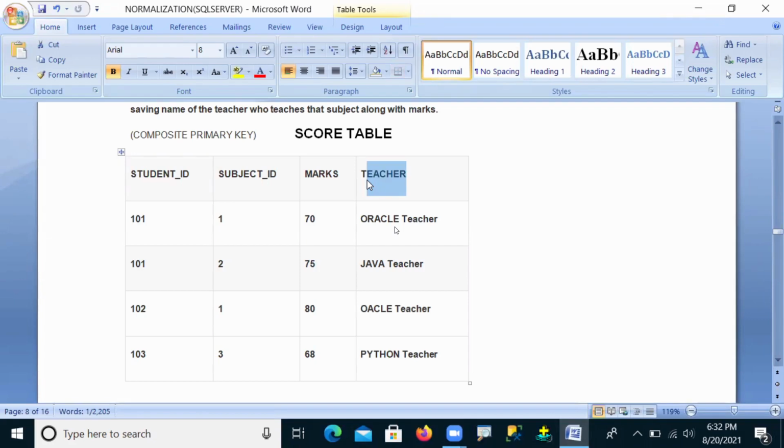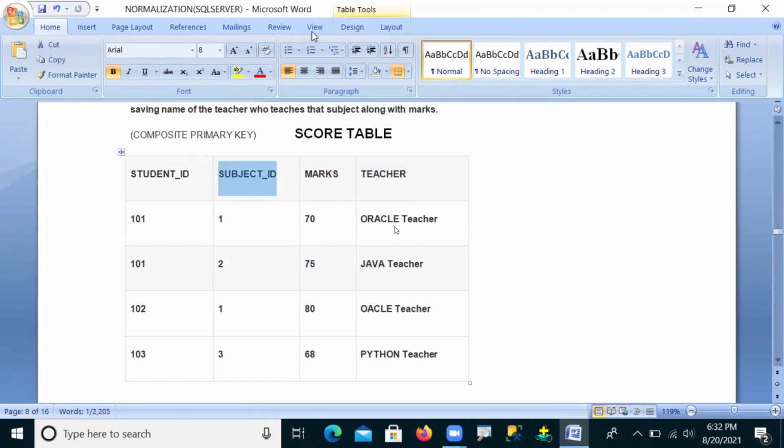Now tell me, guys, here, does teacher depend on subject or on student? Yeah, here the teacher always depends on the subject, but not on students.